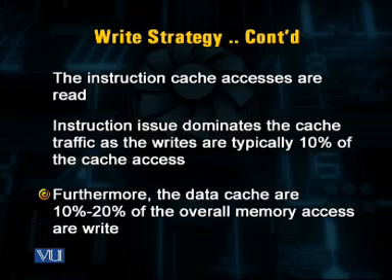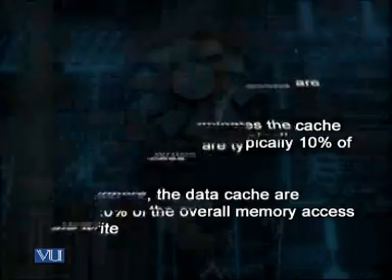Furthermore, the data caches are 10% to 20% of the overall memory access for writing purposes, whereas for the remaining time it is read. Now let us discuss how we can optimize the cache performance.